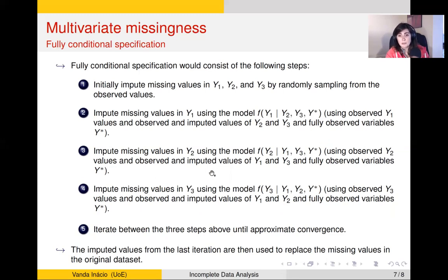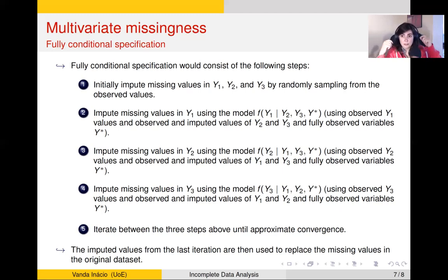And then I do the same for y2. I fit my model that I have specified for y2, given y1 observed and imputed, y3 observed and imputed, and y star, they are all observed. Then the same for y3, and I need to do this several times, right?